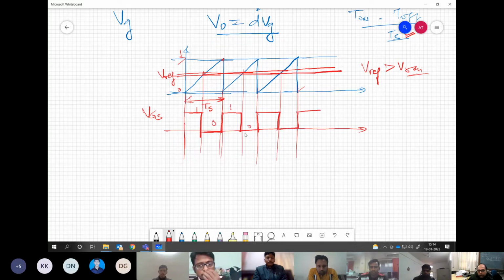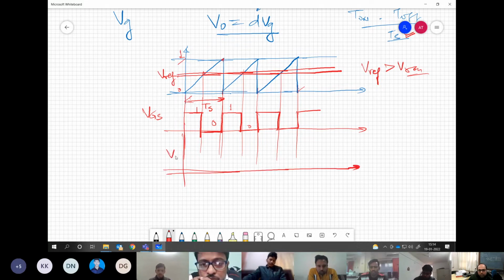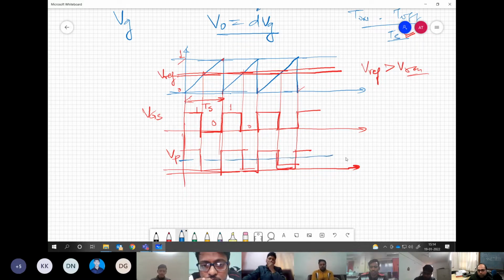Now, obviously, when the device is operating like this, the pole voltage is generated in a similar manner, and the output voltage is nothing but the average of this pole voltage. These levels are VG and 0. Any doubt in that?